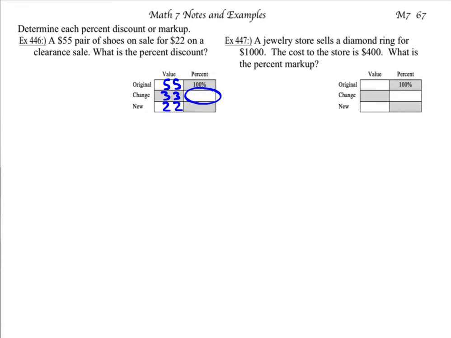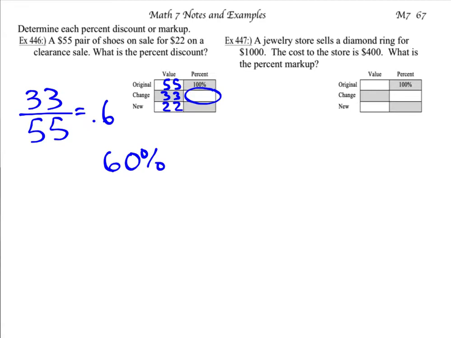So we can do this as a proportion. Basically, since it is a percent of change problem, we just need 33 divided by the original, 55. And 33 out of 55, I think is going to come out 0.6. It does, 0.6. So this is a 60% discount.